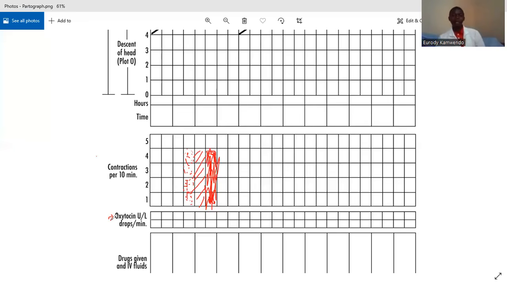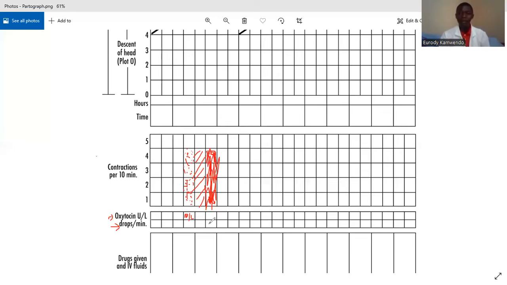If you have given oxytocin, you need to record it as well as the drops in 1 minute. So if your oxytocin given is 10 international units, you write 10 here and put a stroke per liter, meaning you have given 10 international units of oxytocin in 1 liter of fluids.